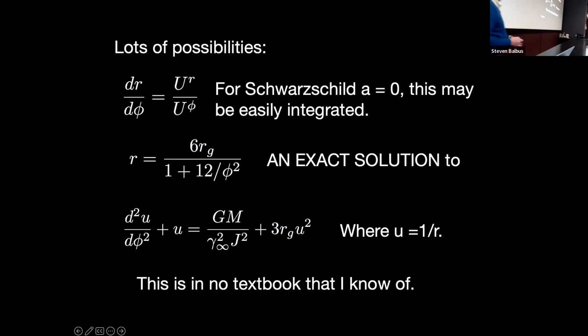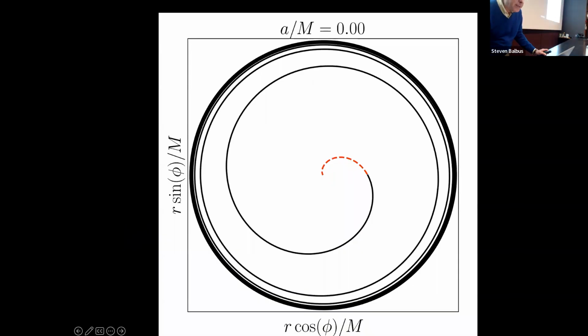You can do the same thing in the Kerr metric, but it's not as pretty. And I'm just going to sort of flash this up. So these are what the orbits look like inside the ISCO, which is out here. As a, you can't even see it. a is going to run from -1 to 1 in this graphic.